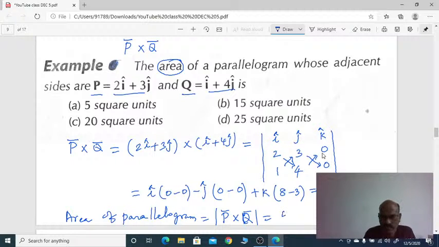It is 5 square unit, so the first option is correct. Finally, the area of the parallelogram is the magnitude of P vector cross Q vector, and you will get 5 square unit. Let us go for the next one.